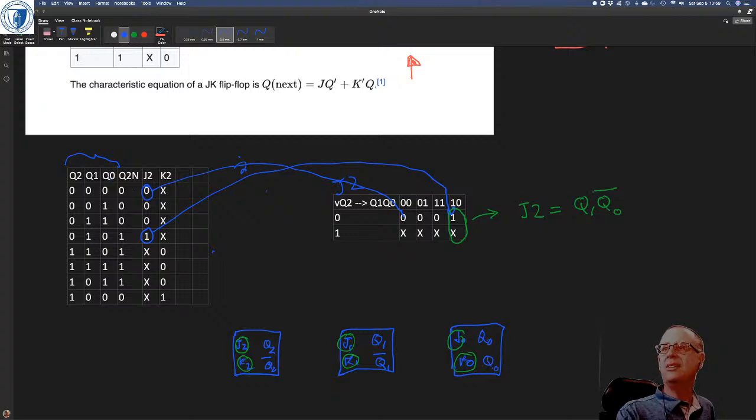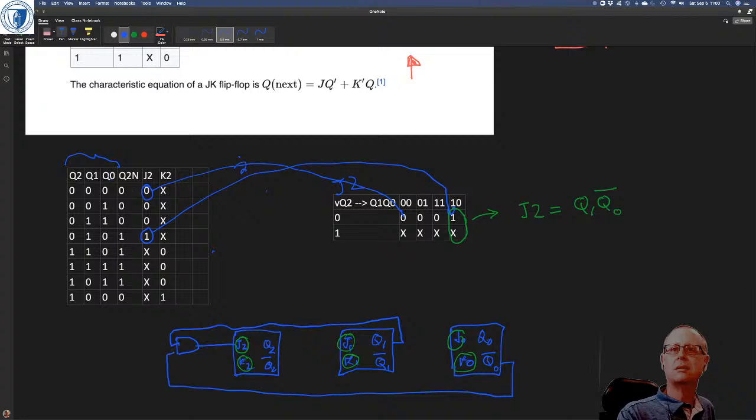So what that means here is on the input to J2, we have an AND gate, and the things we're ANDing together are Q1 and Q0 bar. Okay, so we've done one of the 6.